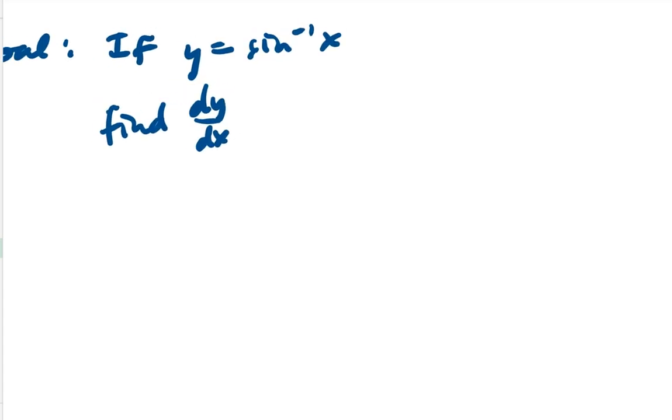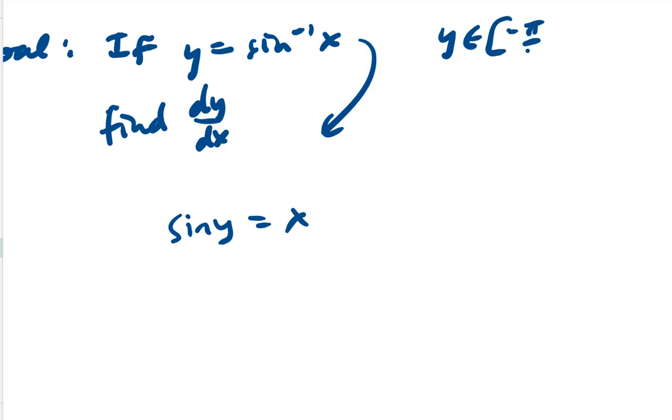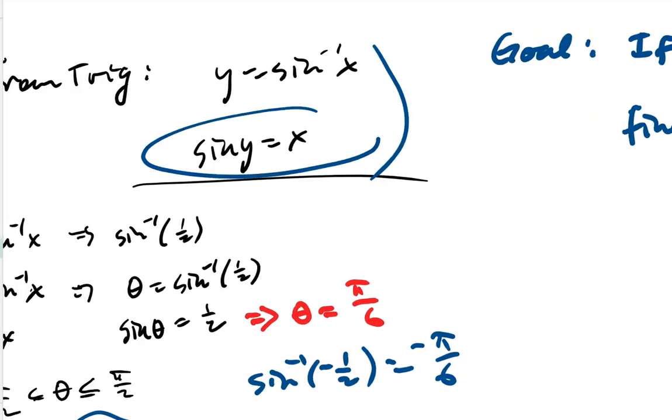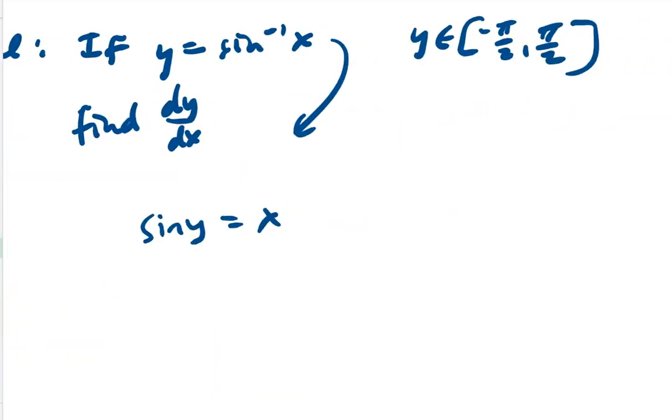So what I'm going to do is take the sine of both sides. So I get sine of y is equal to x. The inverse sine and the sine will cancel on the right. This is assuming that y is in that interval that I just pointed out, negative pi over 2 to pi over 2. Because if you notice, y is an angle here, sine of y is equal to x. So y is an angle here.